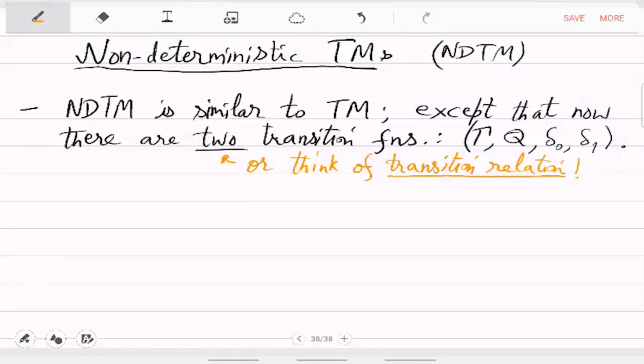There might be multiple next configurations. That's why it's a relation. And in fact, as you will see later, it suffices to just assume there are two options. So the 0th option is given by delta 0, and the 1st option is given by delta 1. Okay, so the function becomes a relation essentially.